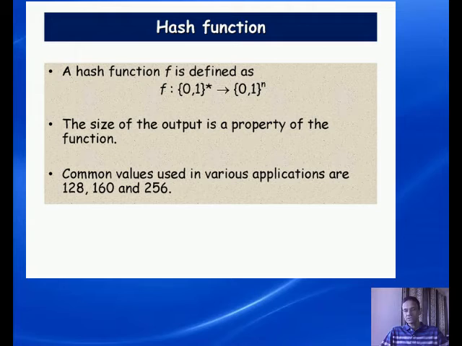Commonly used hash functions for data integrity are the SHA family: SHA1, where digest size is 160 bit, SHA256, where digest is 256 bit, SHA512, where digest is 512 bit, or one can also use MD5. Similarly, you will have other kinds of cryptographically secure hash algorithms.